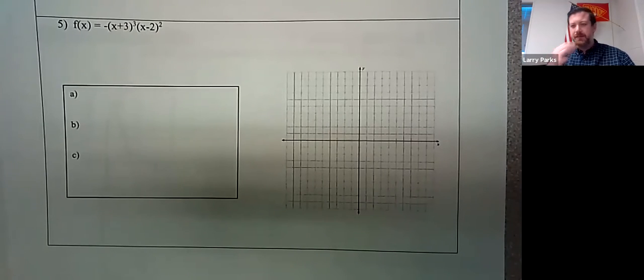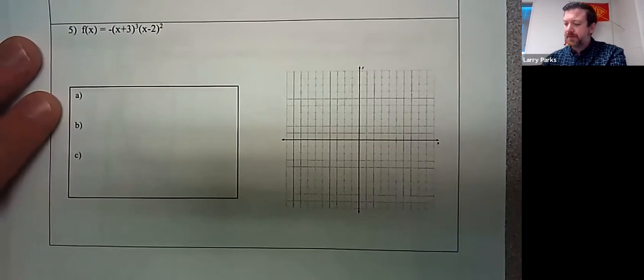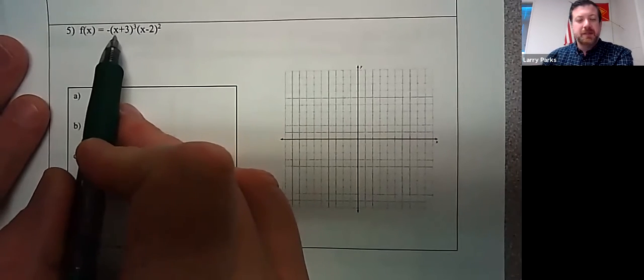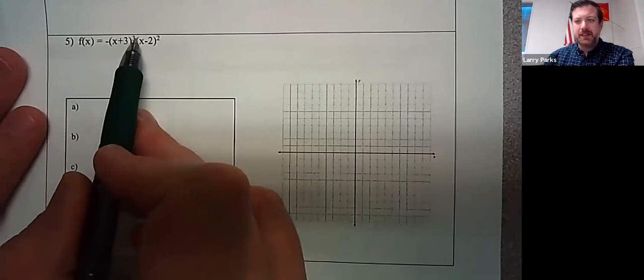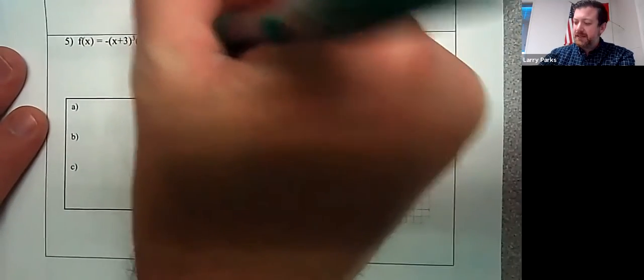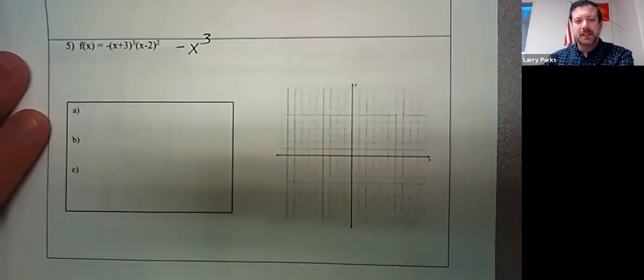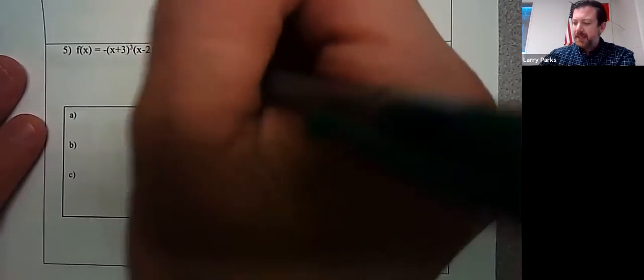Number 5, let me think. What would the leading coefficient be? So my leading term is going to be x to the third. Make it negative, so it's going to be negative x to the third. And so the negative means it opens down.